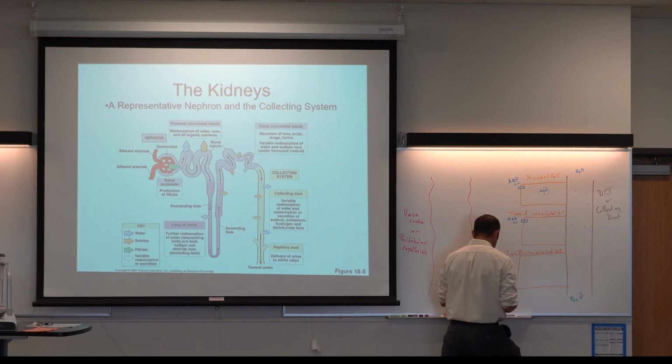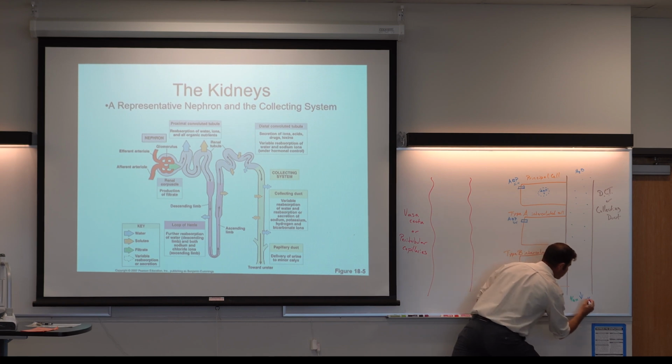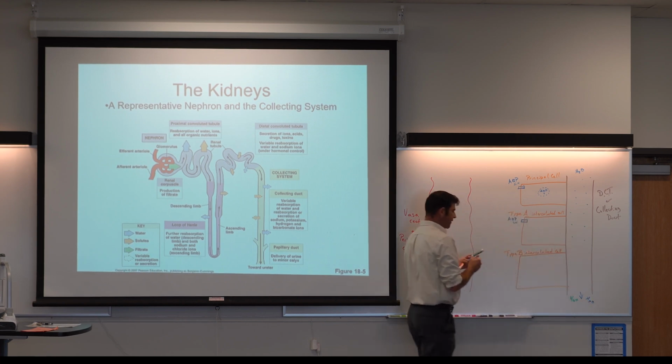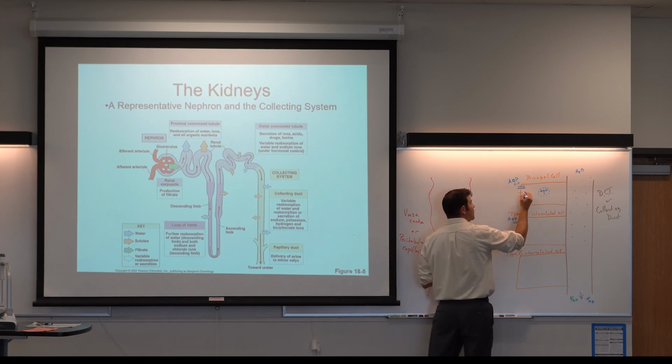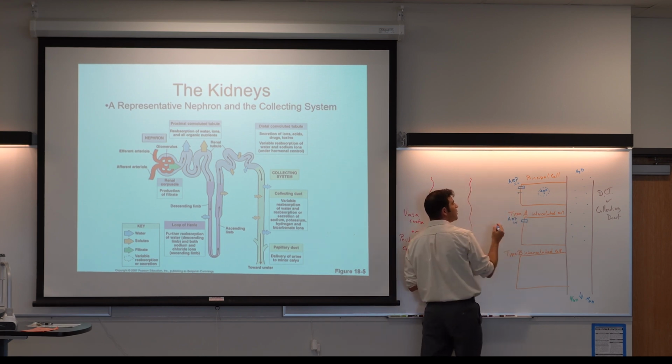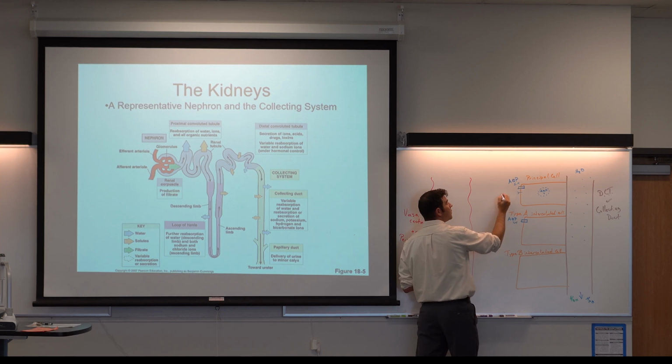So we have our sodium, we have our water molecules. But we said selectively other ions could end up down there. And we're going to see the first cell here, the principal cell, has receptors. I'll just use the same color and I'll draw a little receptor. This is a receptor for antidiuretic hormone.